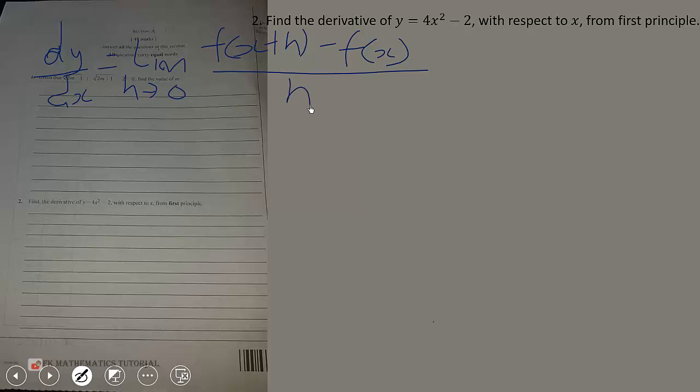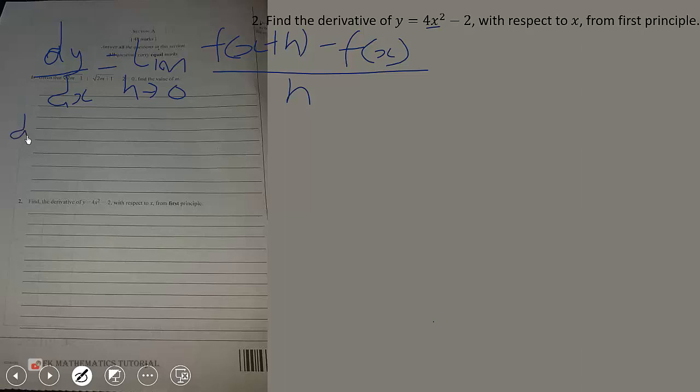Now f of x is the y, which is 4x squared minus 2. Now for f of x plus h, wherever we see x, we put x plus h.